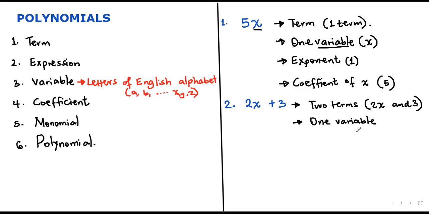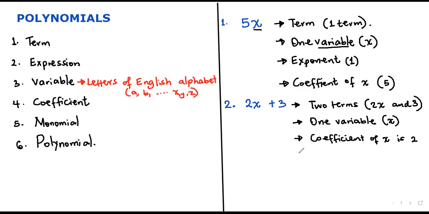In other words, one letter, and that is x. Then the coefficient of x is 2. And you see in number 1, the coefficient of x was 5. But here the coefficient of x is 2.